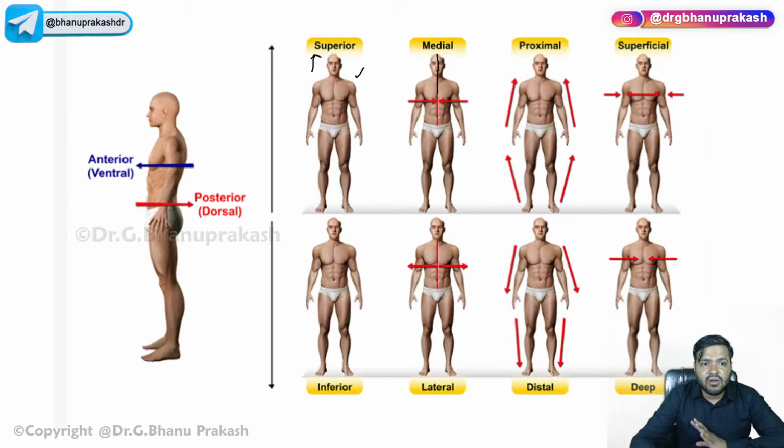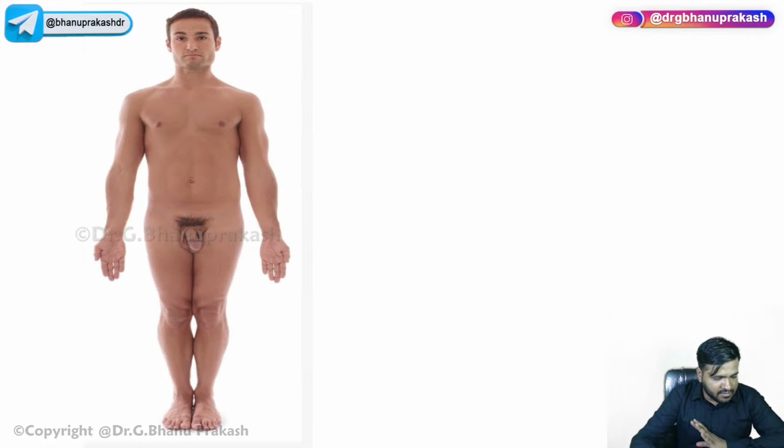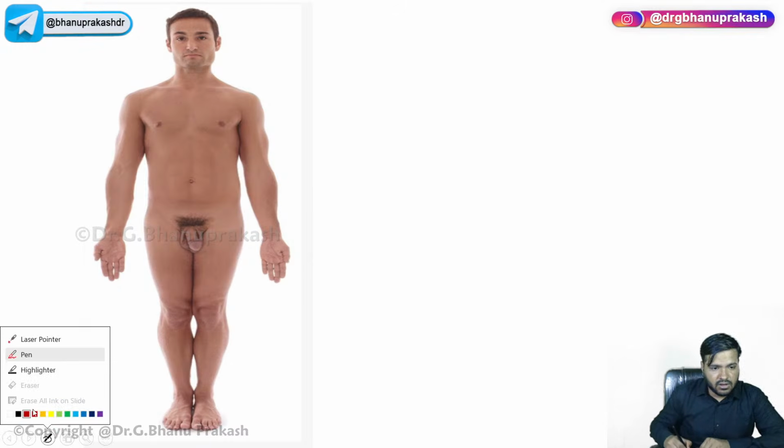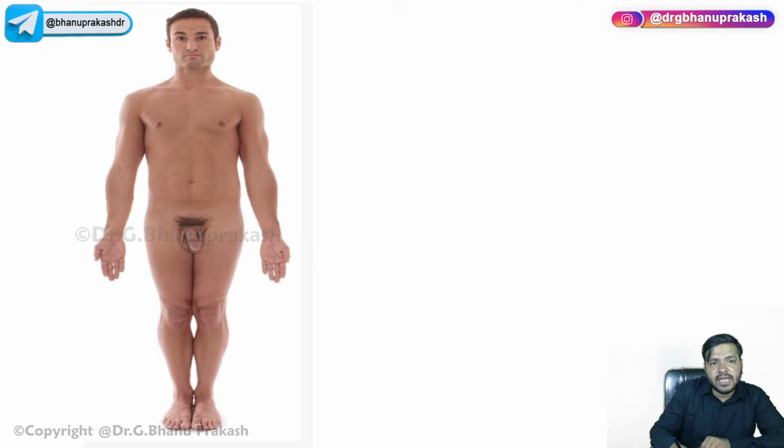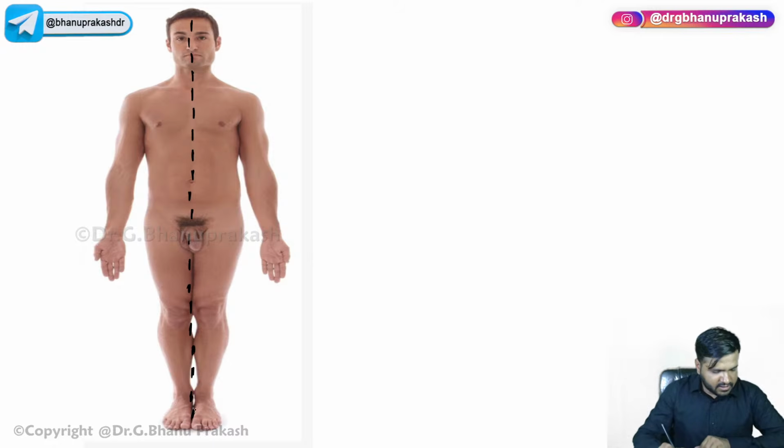Now coming on to the next term, that is the medial and lateral. Now guys, try to understand this with the help of this particular part. You already know this is called the mid-sagittal plane, or I can simply say that this is the midline of the body.